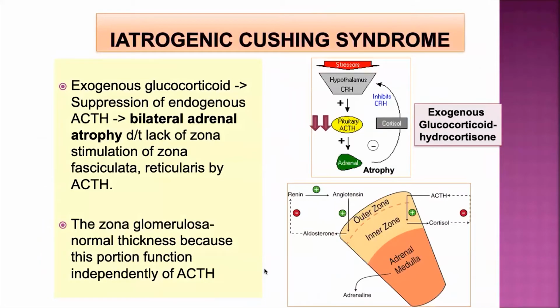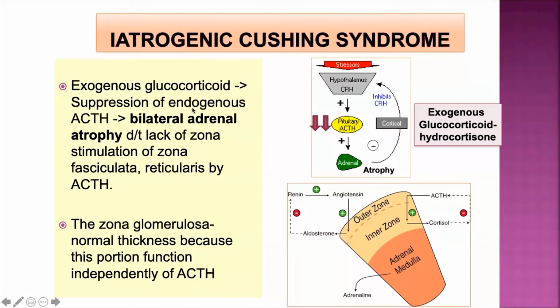All right. Iatrogenic Cushing syndrome. For those who are on medication, when you take steroid from outside, of course that is considered as cortisol, which will cause suppression of the ACTH.